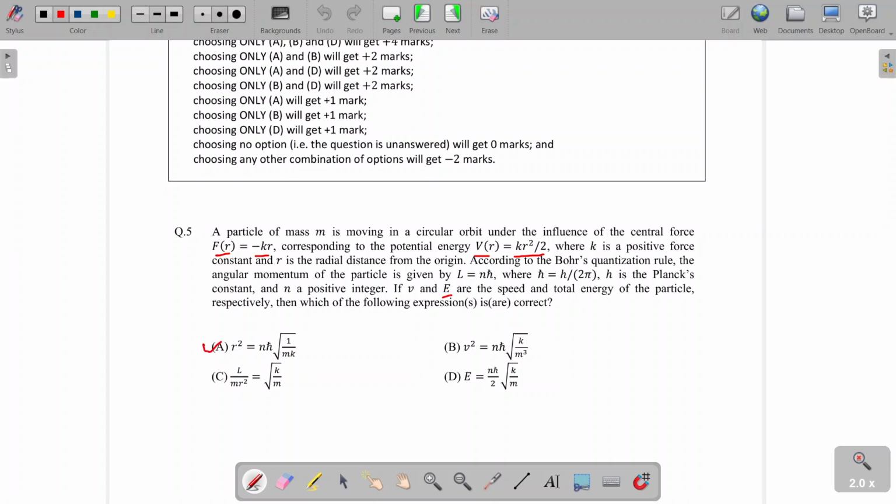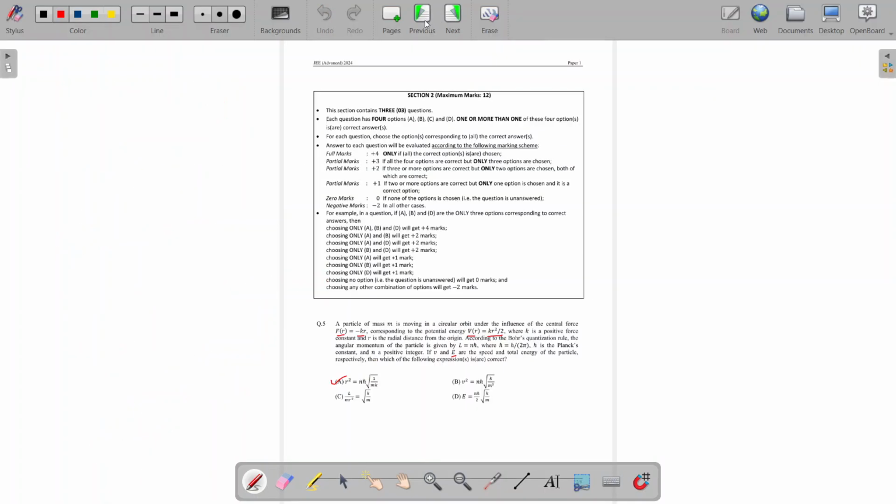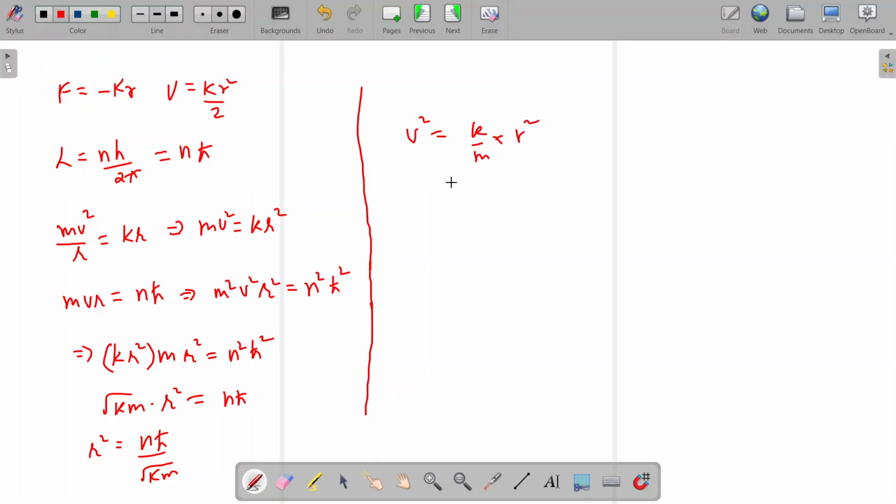So option A is what we are getting, n h prime divided by square root km is r square. We can get v square as well. v square is nothing but k by m times r square.